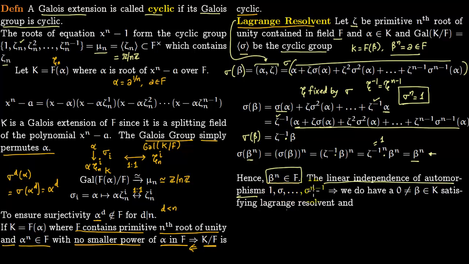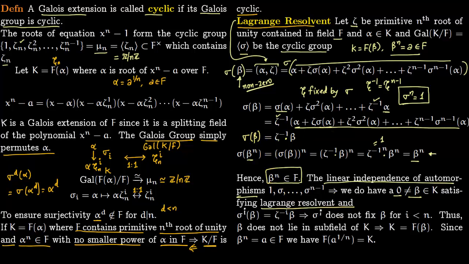So if these are linearly independent, we can choose an element beta which is non-zero. You can choose these alphas in such a way that you get a non-zero beta, simply because our automorphisms are linearly independent. So you have a non-zero beta which satisfies the Lagrange resolvent.